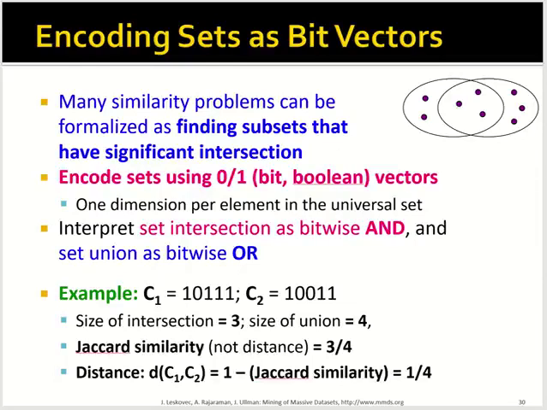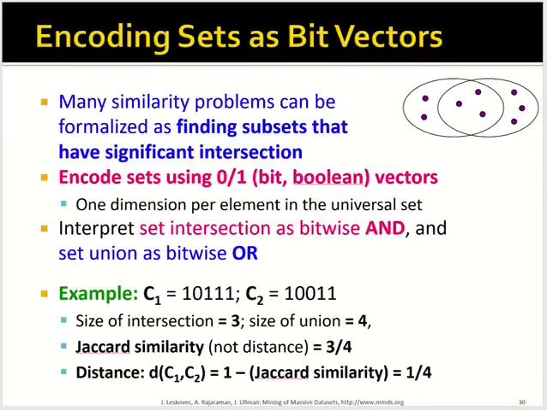If we encode sets with bit vectors, with one dimension per element in the universal set, we can interpret set intersection as bitwise AND and set union as bitwise OR. In that case the comparison will be implemented at the vector level.